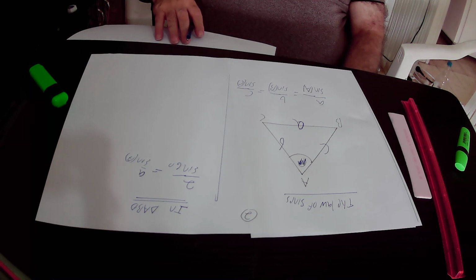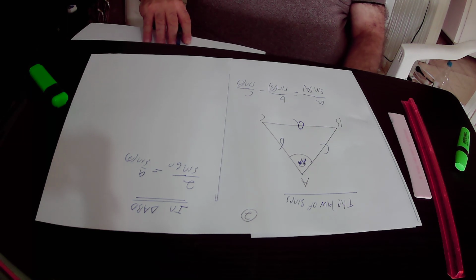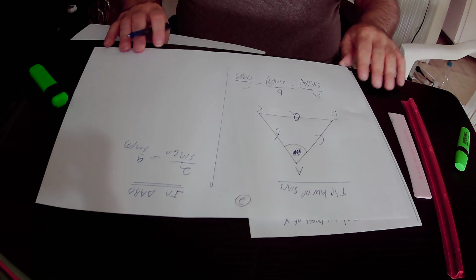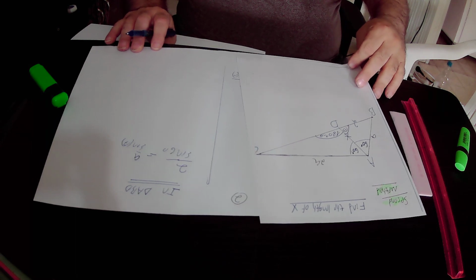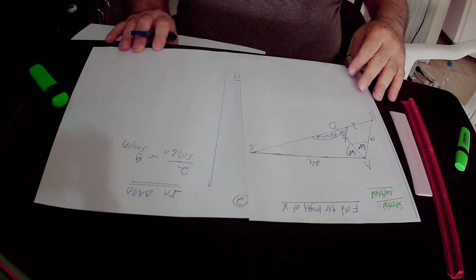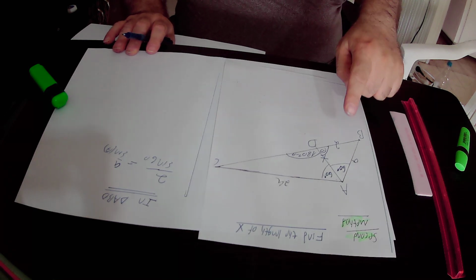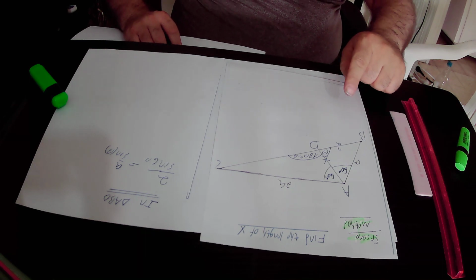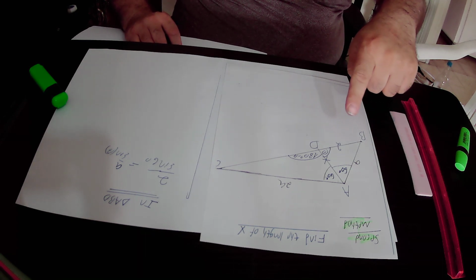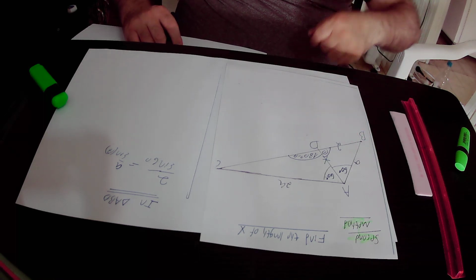So we actually can implement the law of sines in our drawing. We implement the law of sines in this triangle ABD. According to the law of sines, we get that 2 over sine 60 degrees equals a over sine theta.